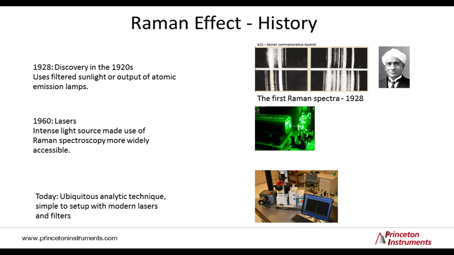Historically, Raman scattering was only theoretically predicted in the early 1920s and first observed in 1928. The picture on the top right shows one of the first recorded Raman spectra, and back then it was quite a painful process that involved using filtered sunlight or a little bit more intense light of monochromatic atomic emission lamps to excite the Raman sample.